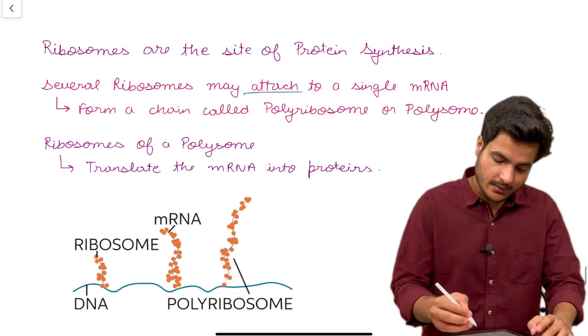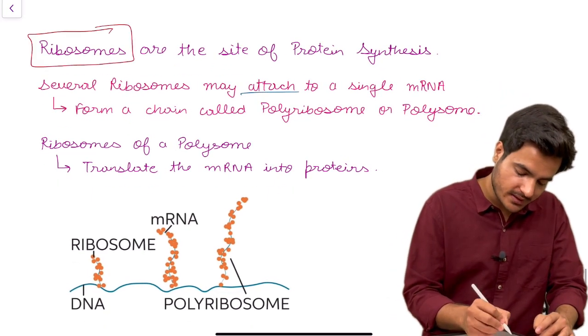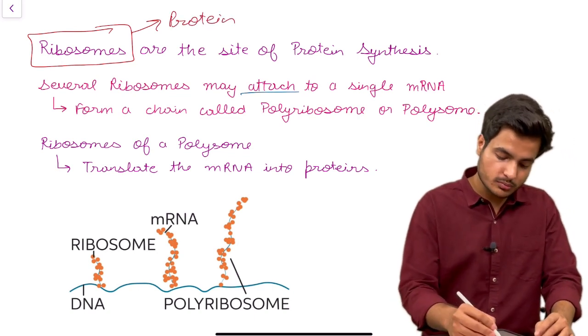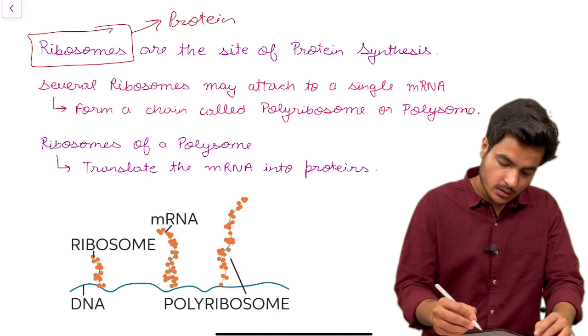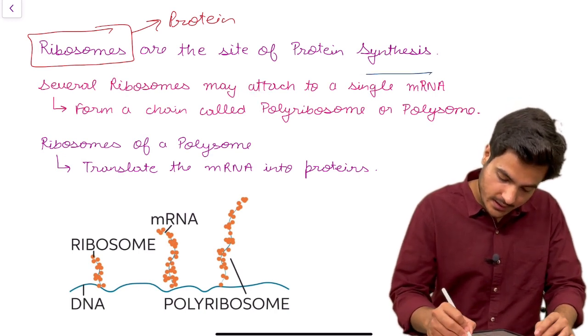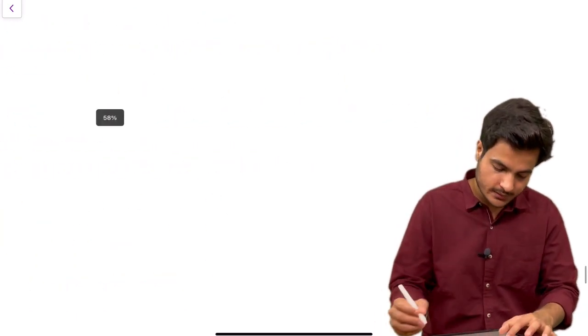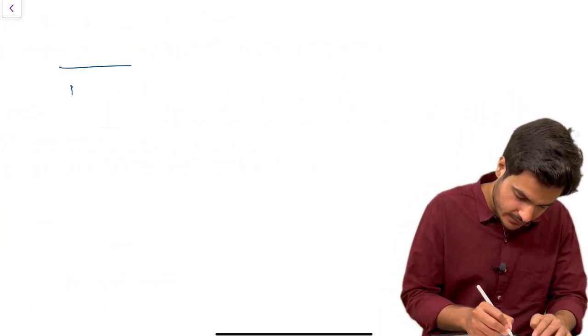Now let's see ribosomes. We know that these are the protein factory because they synthesize protein. When ribosomes attach to a single mRNA, they form a polyribosome or polysome. We need to know that we have a DNA segment.